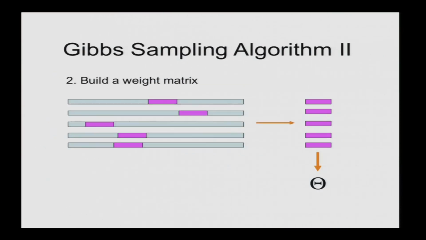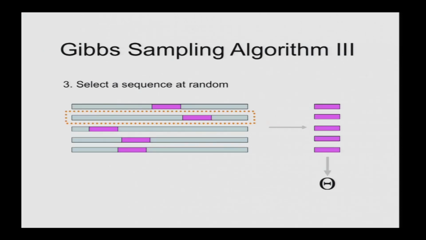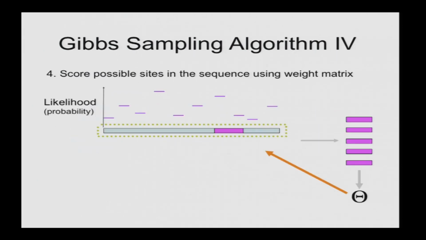Then you build a weight matrix from those by lining them up and just counting frequencies. Then you pick a sequence at random. Your weight matrix doesn't include that sequence typically. Then you take your theta matrix and slide it along the sequence.